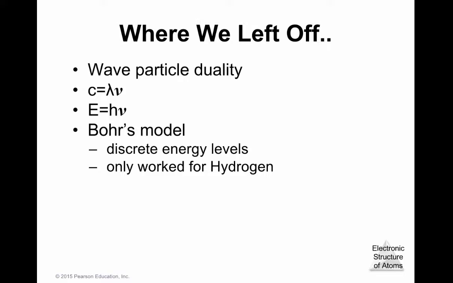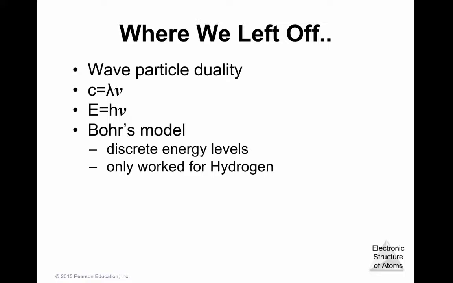We also finished off by talking about the Bohr model. And remember, the Bohr model was important because it gave us the idea that there are discrete energy levels within the atom that the electron must exist in. And that's going to be what we talk about today a little bit. But there were some problems with the Bohr model.